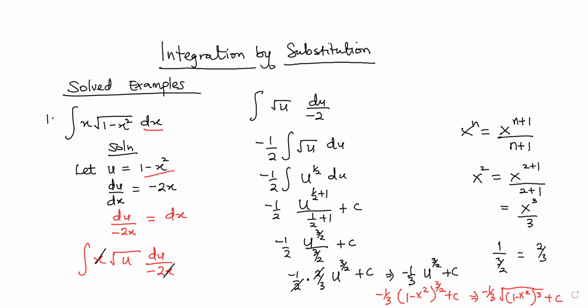So this is how we solve integration by substitution. We have been able to break all of them into one single term, and now we are able to integrate. Let's take another question also on that.